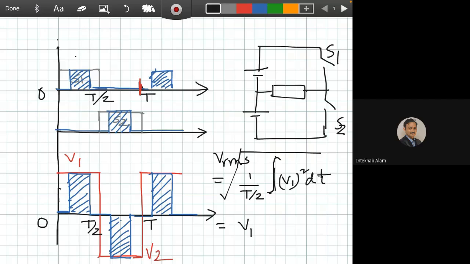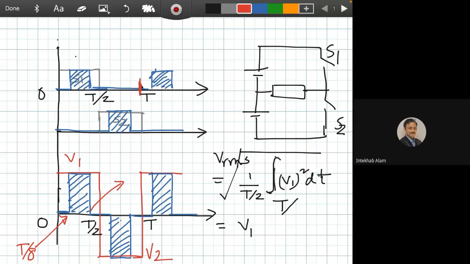T by 4... the new limit is here. This value will become t by 8, and this is the limit of 3t by 8.